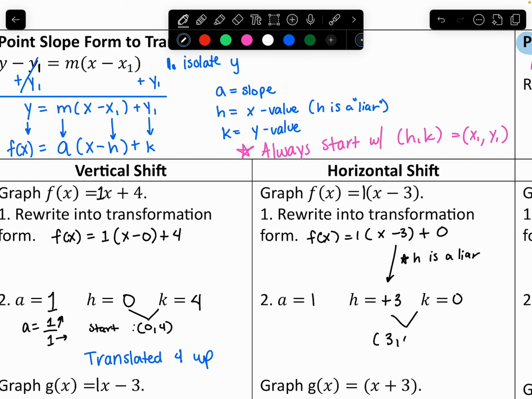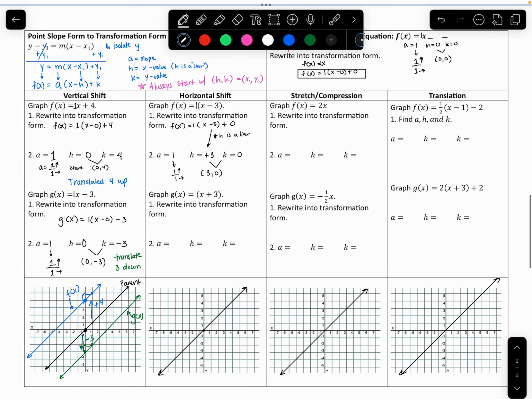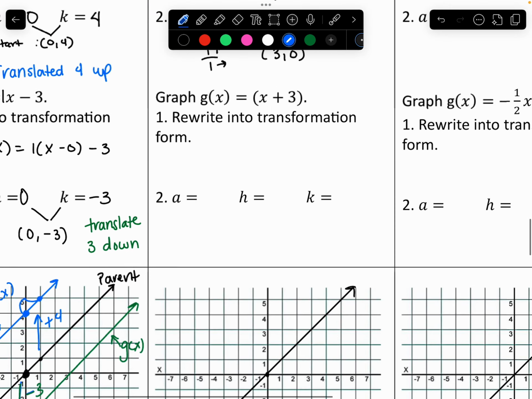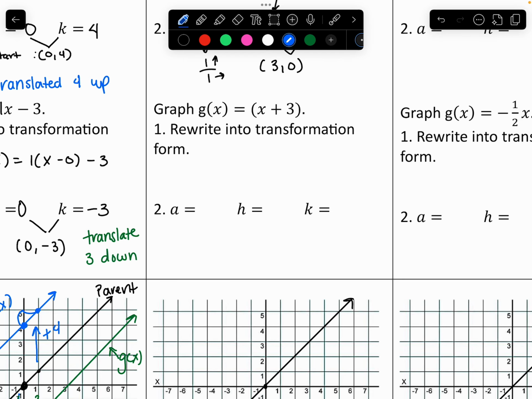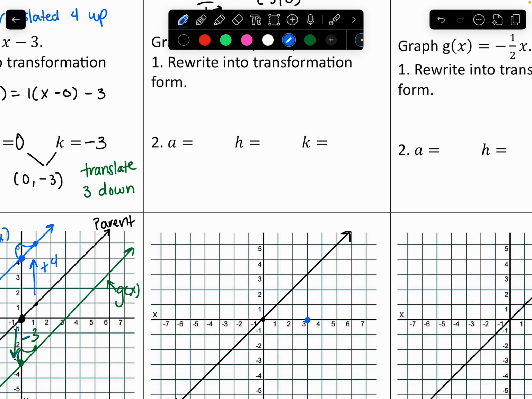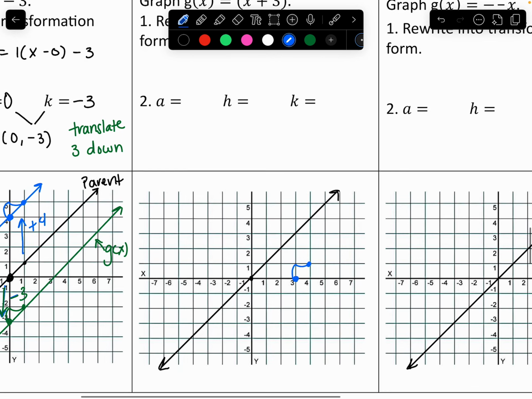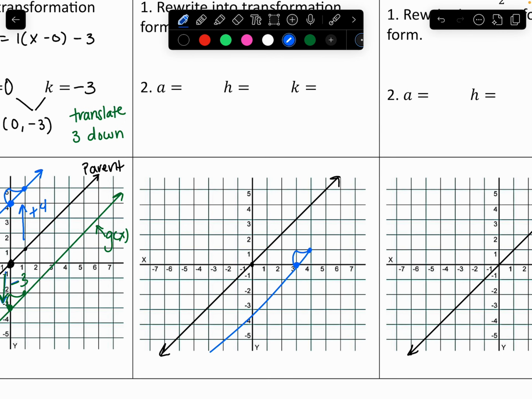Now we are going to start at 3, 0. And my slope would be 1/1. And then use blue again. We're going to find 3, 0, which is right here. I go up 1 to the right once. Okay. Now what do you notice?